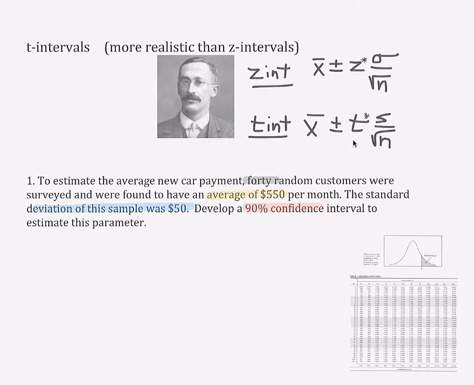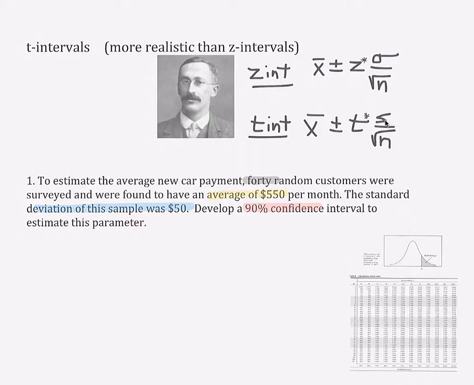The adjustment that is made from the z-interval to a t-interval formula includes using the standard deviation from the sample instead of the standard deviation from the population. And because we're using a standard deviation that's not the true standard deviation, the t is replacing the z, and the t ends up being slightly larger than the z, making our margin of error a little bit larger because of the inaccuracy in the standard deviation.